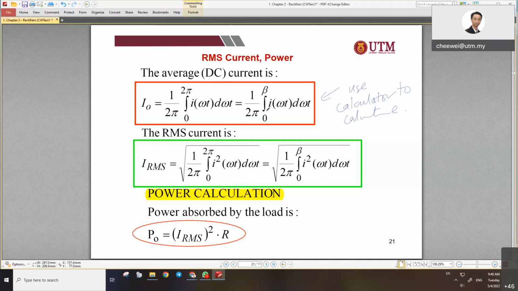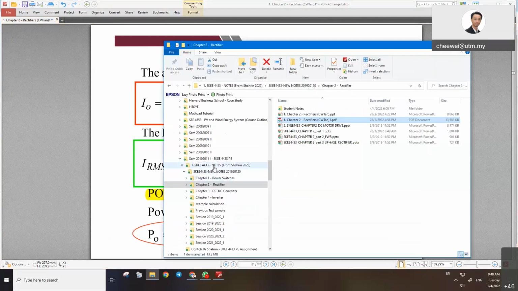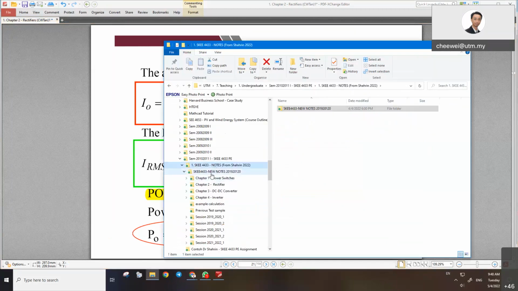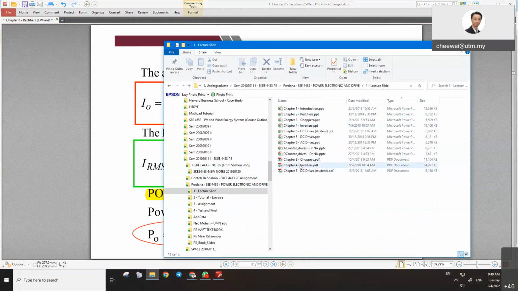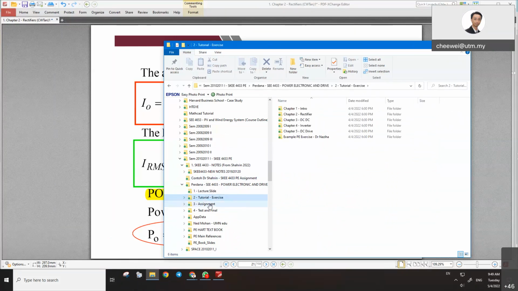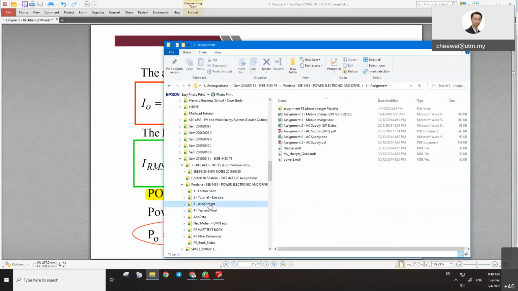So your job is to play around with your calculator because everyone has a different model of calculator, right? So it's quite difficult to... let me see if I have the notes for calculating this. I don't remember where I put it.